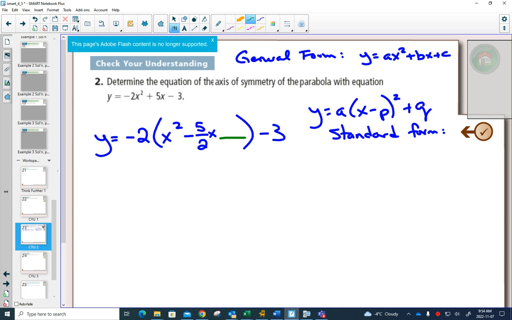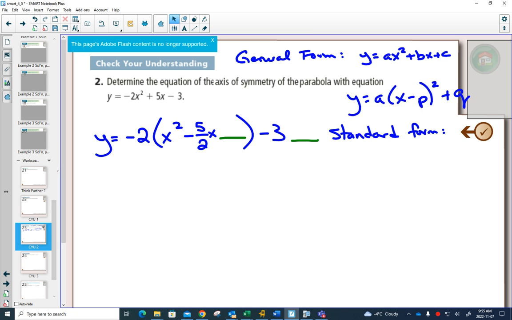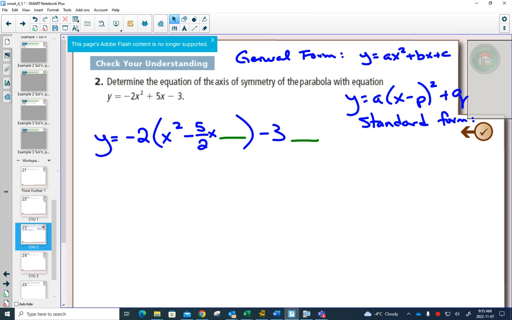Now we need a number in here, and if we put a number in here, we're going to need a number there as well. This is our goal, to have x plus or minus something inside of our bracket.